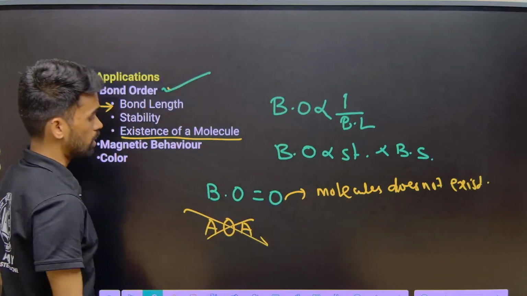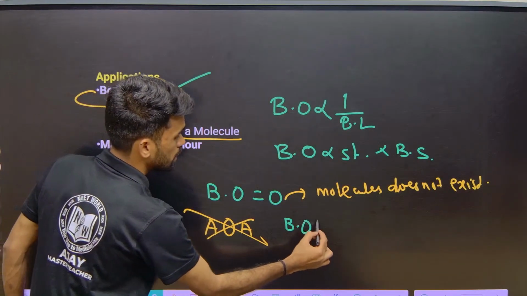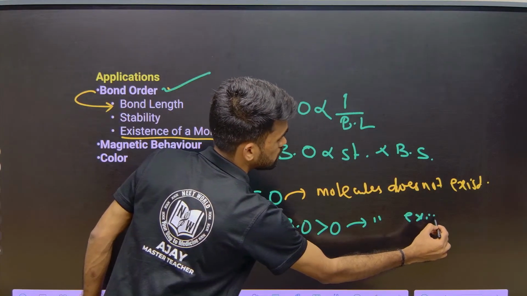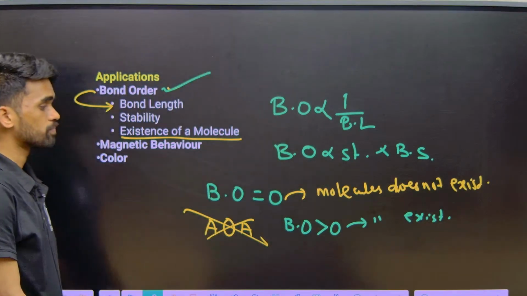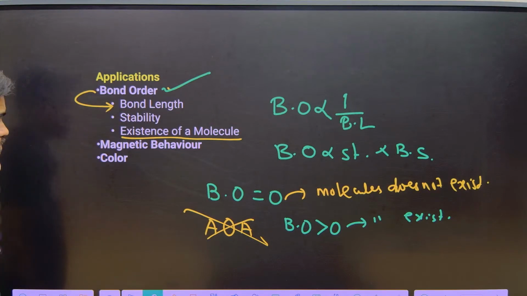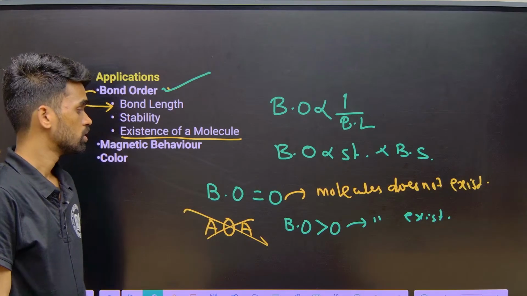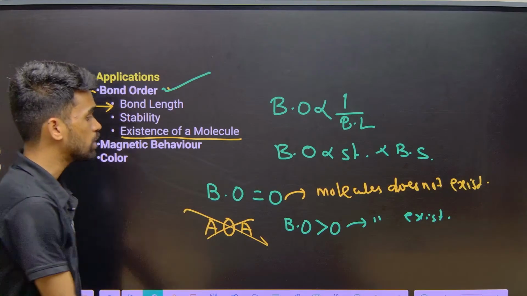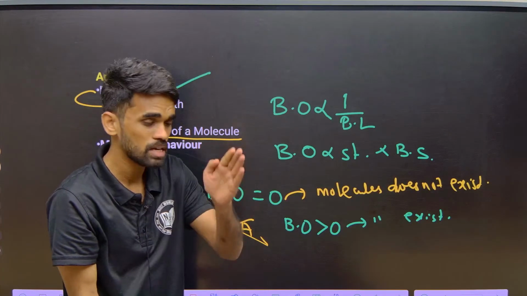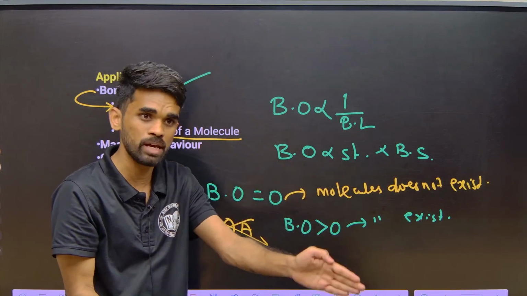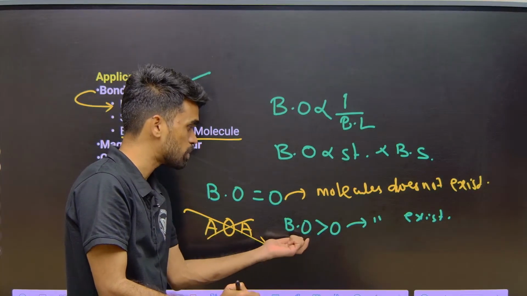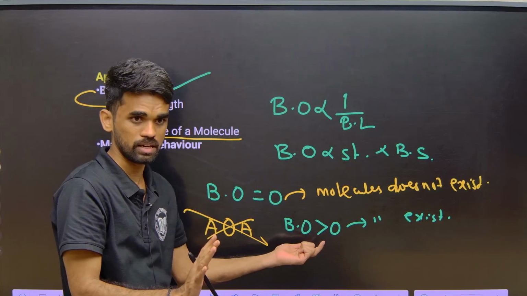If bond order is greater than 0, the molecule or ion exists. Will bond order less than 0 be possible? No. Filling always takes place in BMO first, and only then ABMO. It means BMO electrons are present, so bond order will definitely be possible.